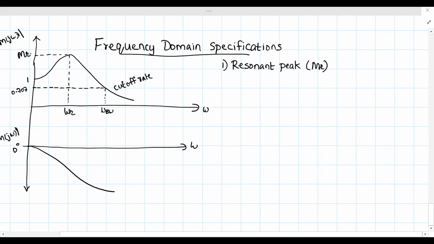Resonant peak is the maximum value of the closed loop transfer function magnitude, mod M(j omega), over the entire frequency range.